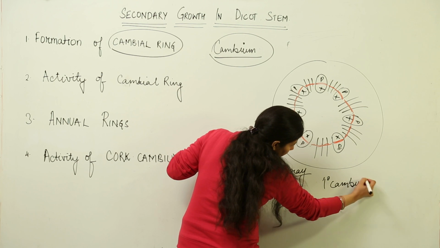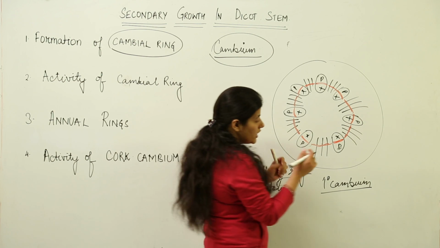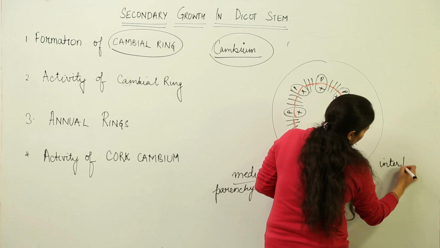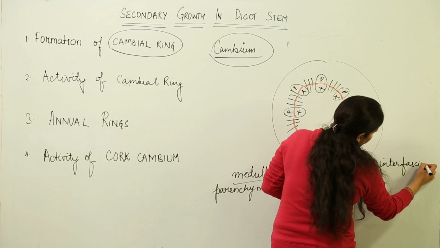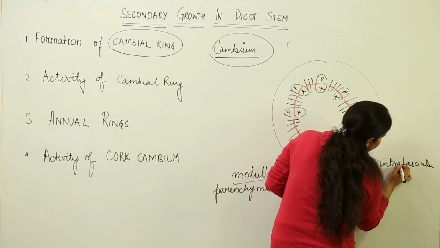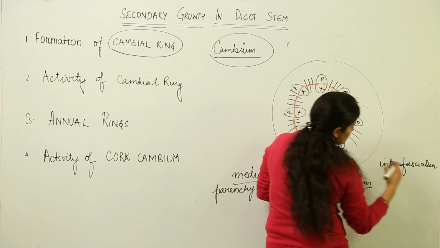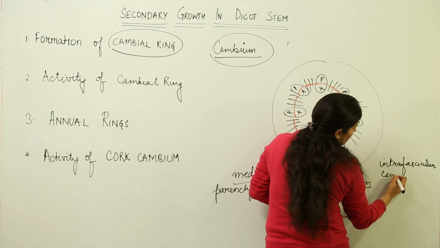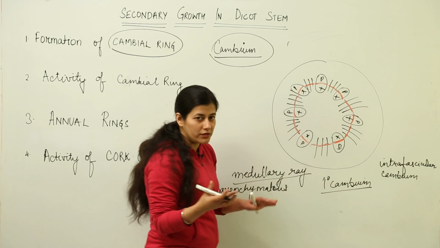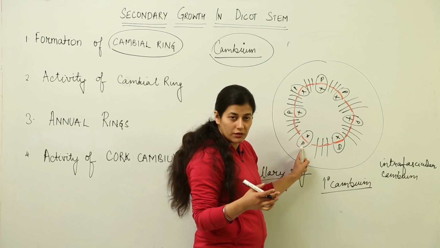And this primary cambium, because it is present within the vascular bundles, is known as intrafascicular cambium. This is the first term that is to be remembered. Apart from the things which we are studying, they are to be remembered. Now you just have to cram this term, that the cambium that lies within the vascular bundles is known as intrafascicular cambium.